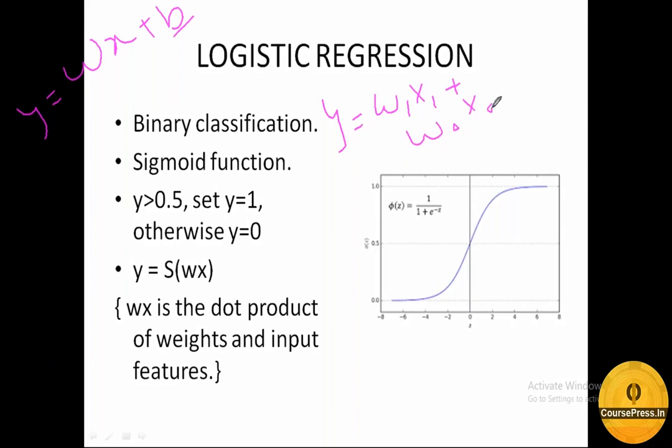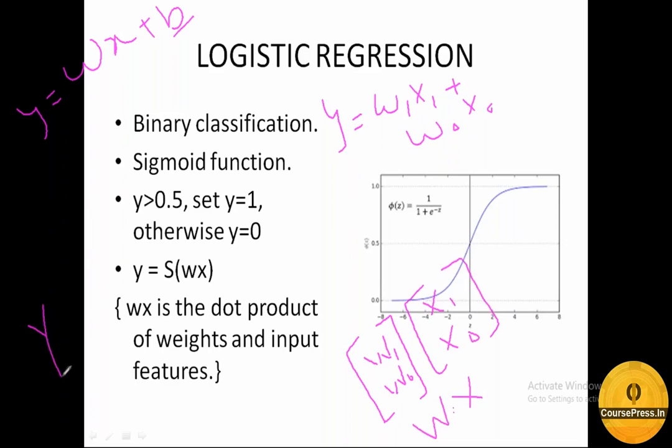Why we do this is, now we can create two vectors: a weight vector, which is w1 and w naught, and an x vector, that is x1 and x naught. So we can form the dot product of these two vectors and represent our y function as wx. This wx is the value of z.